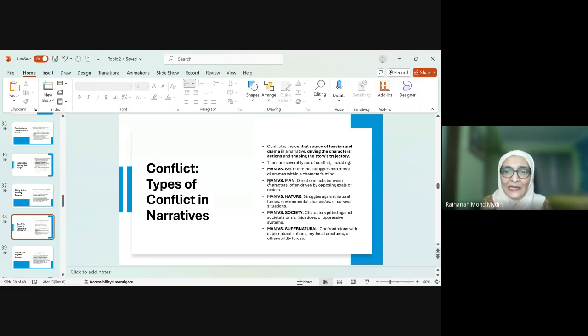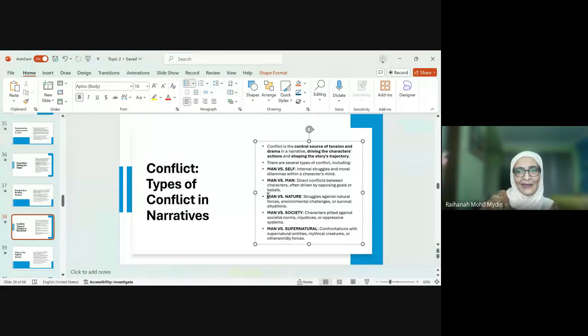You see this in the kind of stories that you will be reading. Or it could be between man and the elements of nature, forces of nature, environmental, supernatural forces, or man in society. So that becomes a lot bigger, this idea of conflicts.